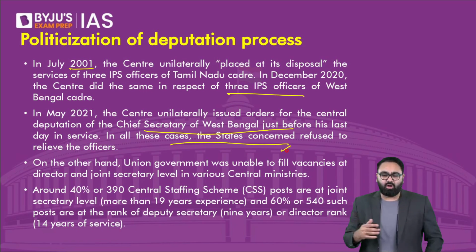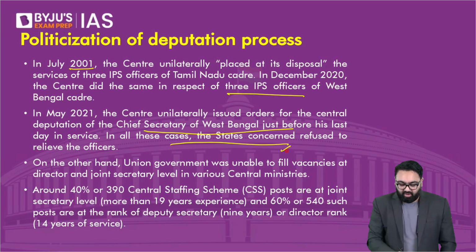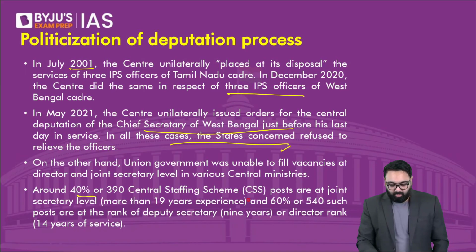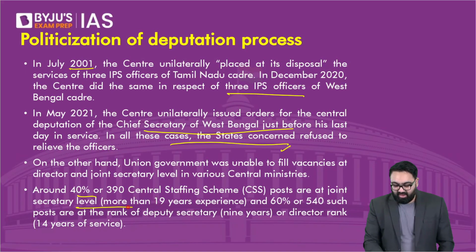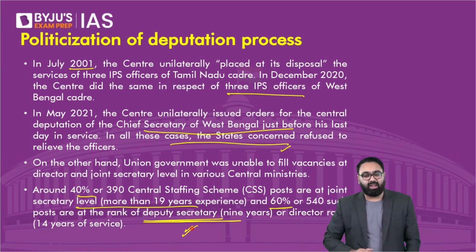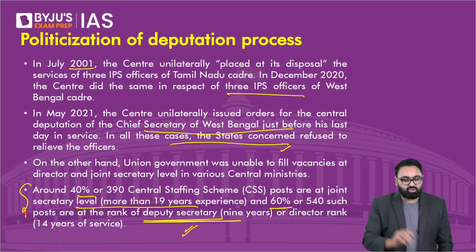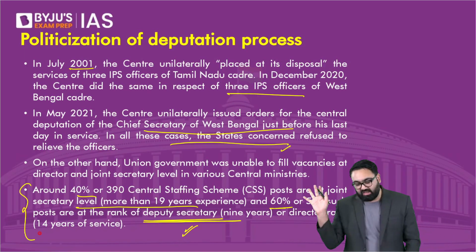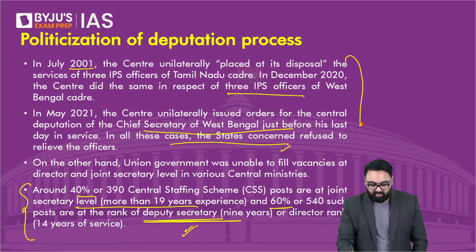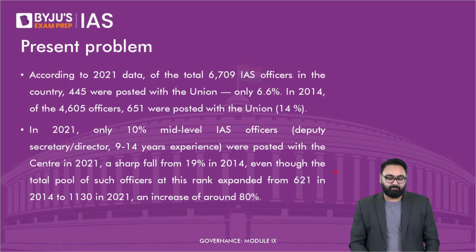Right now in the government of India, about 40% of the posts at the joint secretary level and 60% posts at the deputy secretary level, all these require IAS officers. But again, many of these remain vacant. You don't have to remember these numbers. Don't worry. You can forget these numbers. Just remember the issue here. The issue of center versus state.